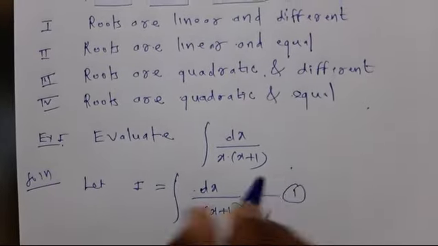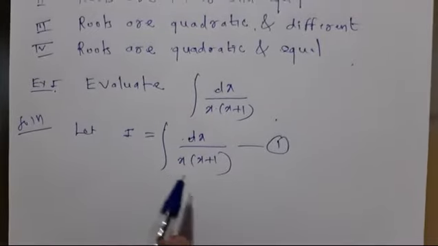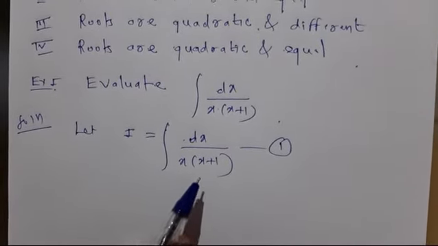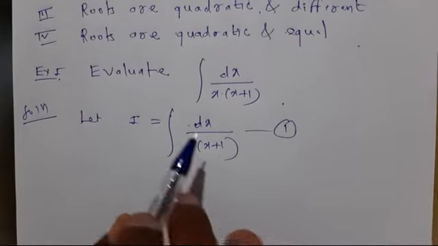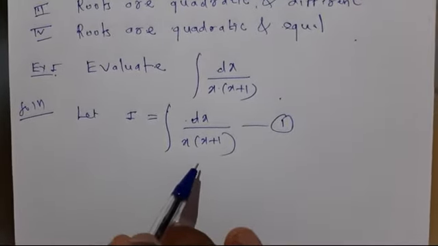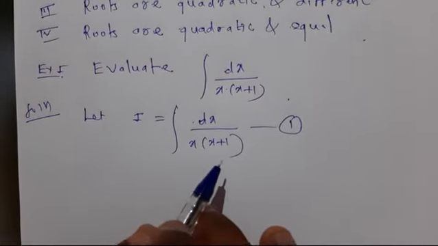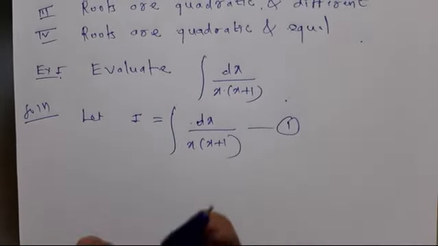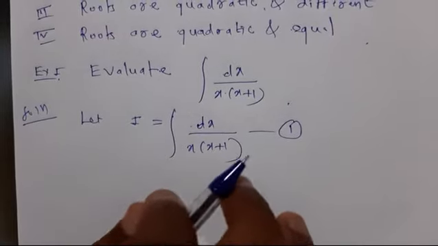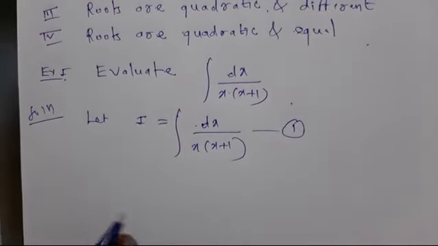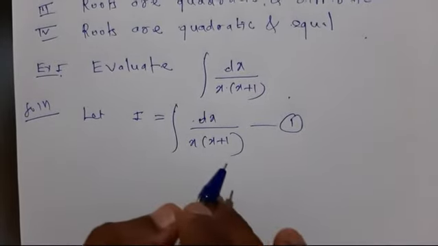I will denote some equation number 1. So here we have the product of two functions, but I cannot apply here the by parts rule as the functions are in the denominator, and if I apply the by parts rule I am not going to get the solution for this integral. So here I will apply partial fraction method.